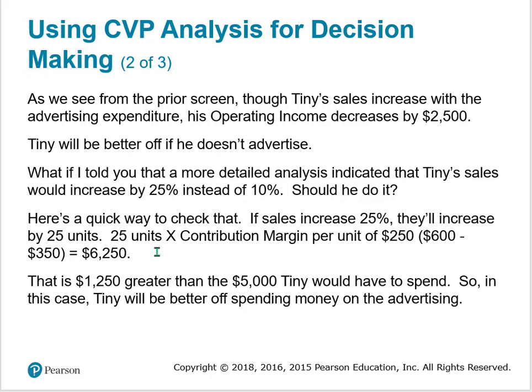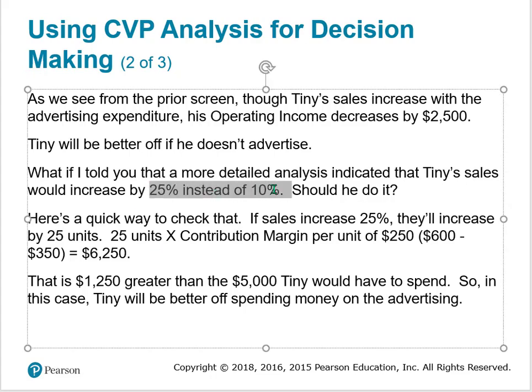So that's $1,250 greater than the $5,000 that Tiny would have to spend. So in this case, he'd be better off spending the money on the advertising. But the key thing here is what advertising increases sales by. Is it 5% or 10% or 25%? That's a pretty big assumption.